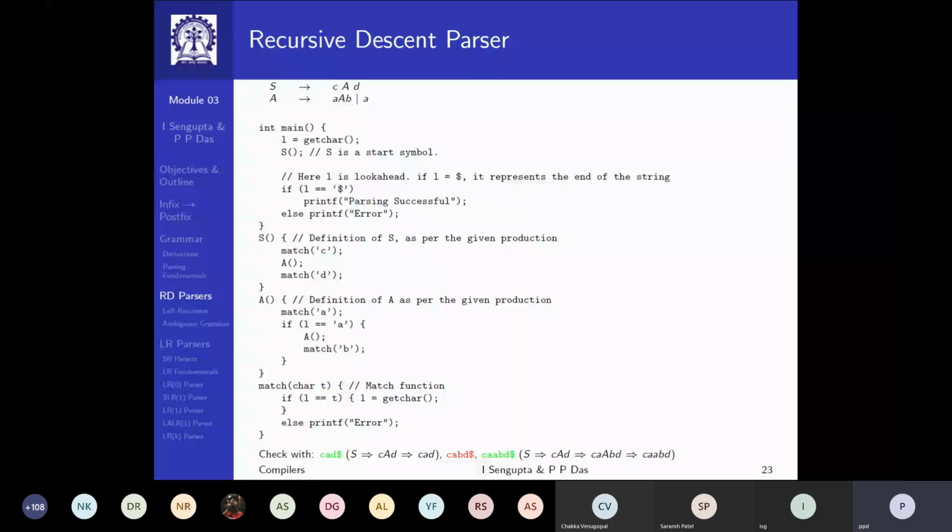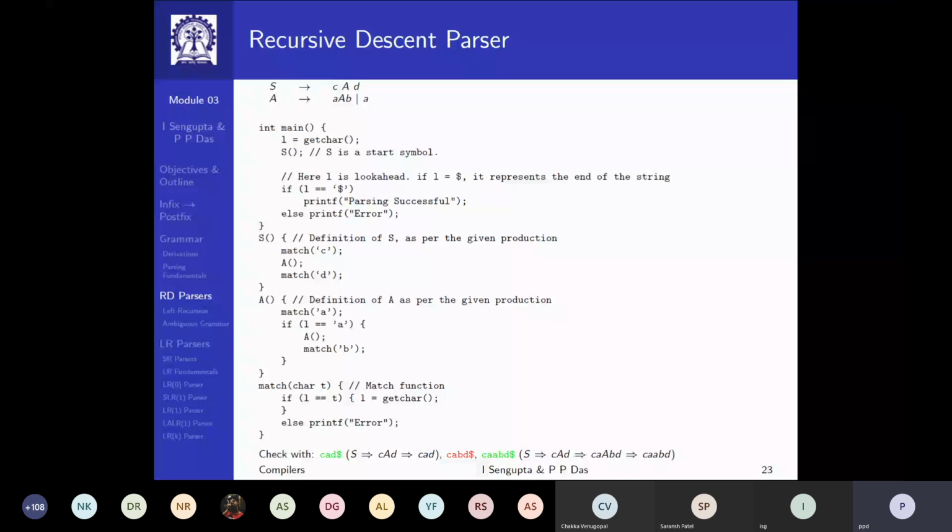I would not say everything is just direct coding of the production rule. Obviously for S it is, but for A here you really need to do some analysis to decide that, okay, for the two production rules I can make that decision together, and then the choice between whether I'm doing this production from A or the other production from A. Actually, I'm making some more observations as to what the strings derived from A can start with.